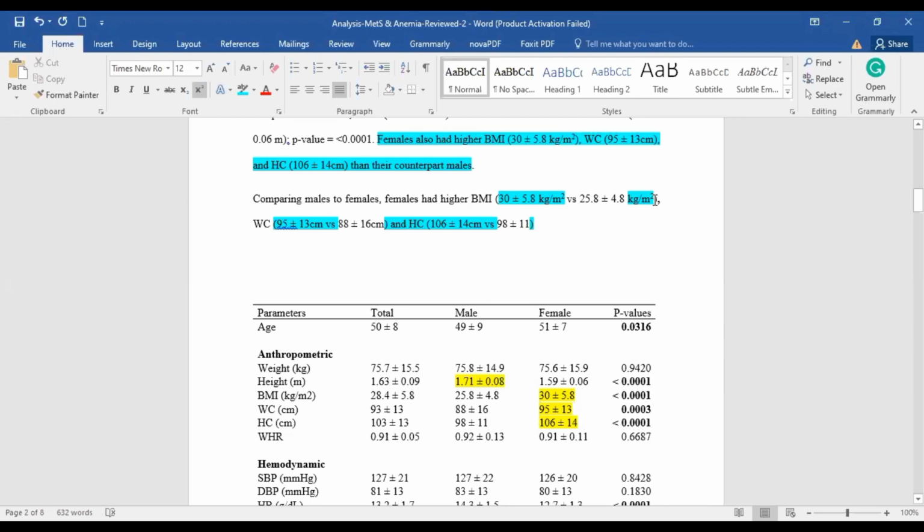Mind you, we have to add a p-value. I don't know why this always wants to, we put the p-value equals to less than 0.001.